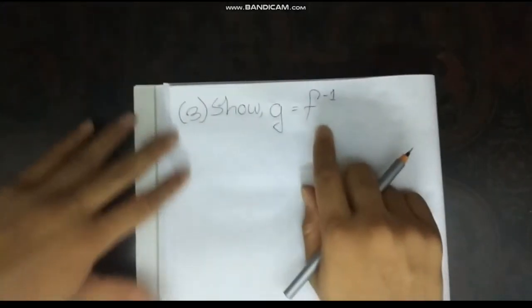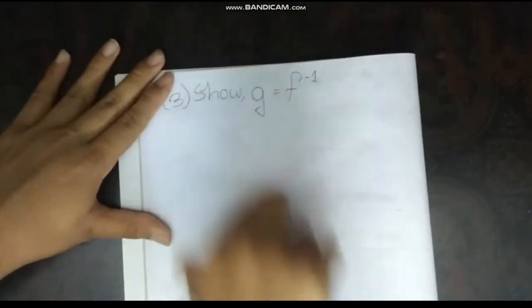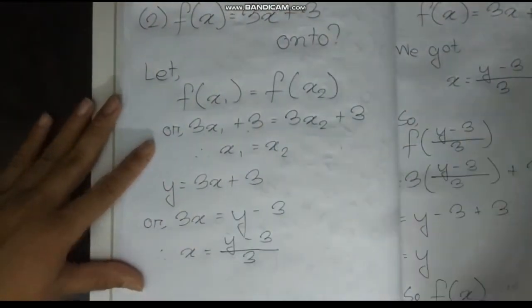So how do we prove it? We need to figure out what is the inverse of the function f. You need to show the inverse function, so I'll directly go to that.